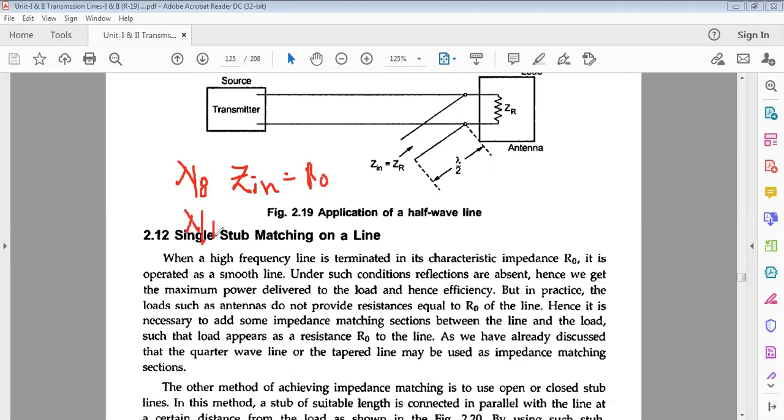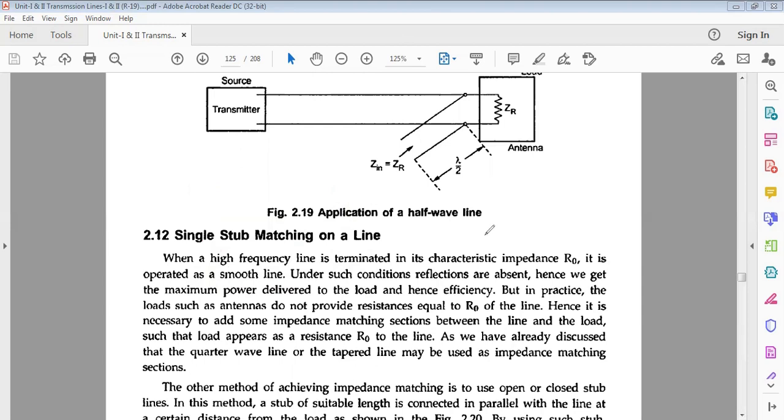When we consider the lambda by 4, for impedance matching, Zin is equal to R0 square by ZR. And for the lambda by 2 half wave line, Zin is equal to ZR. Okay. Now we go for the other one, single stub matching on a line.